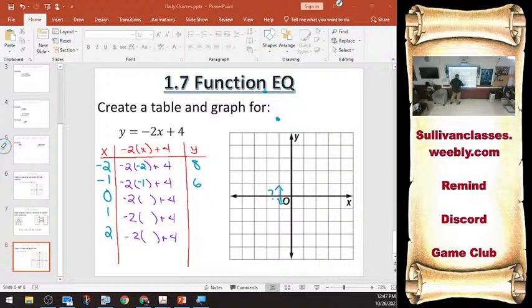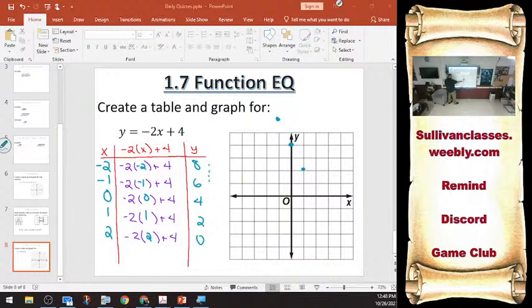Now, you all got to make your own graph, so you should have been able to do whatever you wanted. And I keep running down the line. -2 by 0 is 0. 0 plus 4 is 4. So at 0, 4. -2 plus 4 is 2. So at 1, 2. -4 plus 4 is 0.